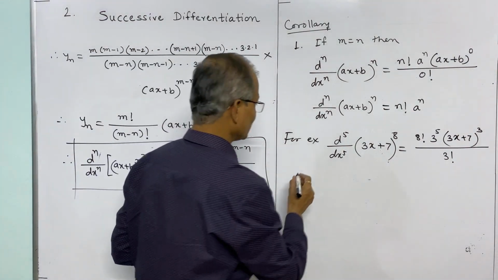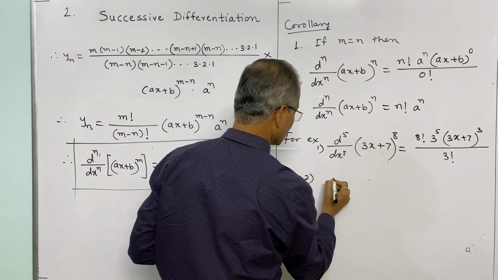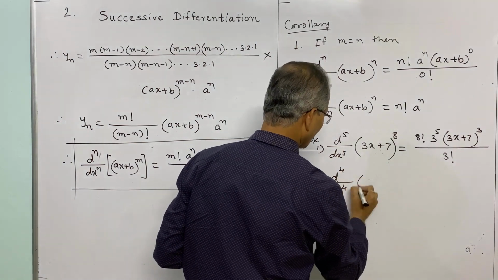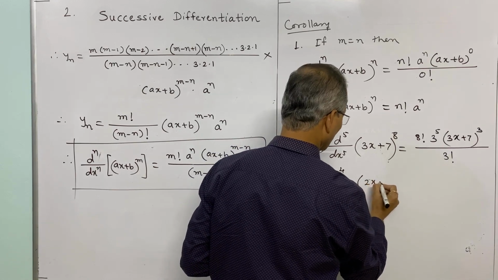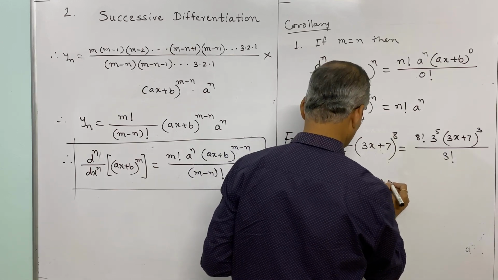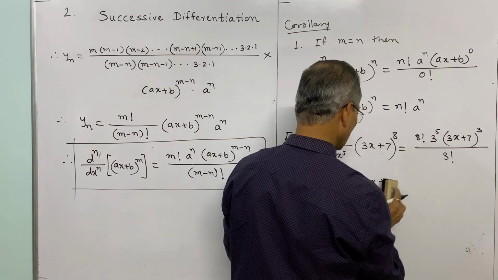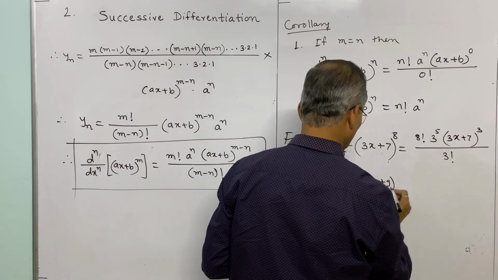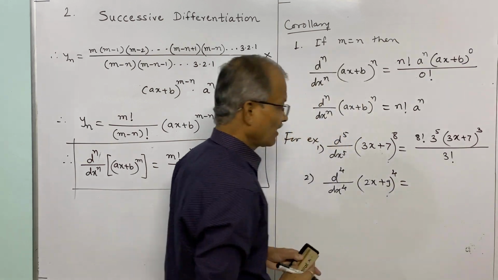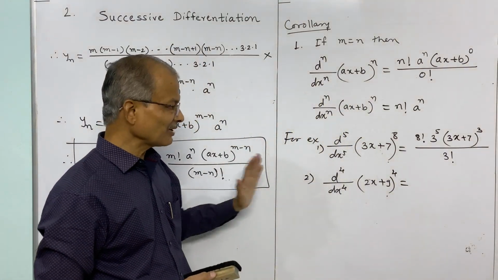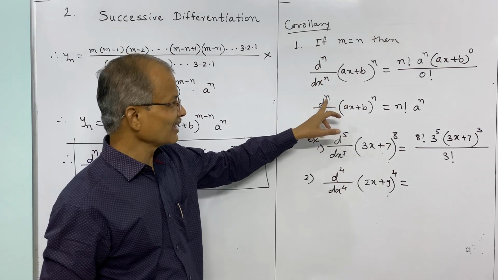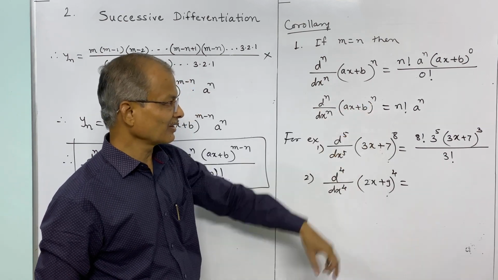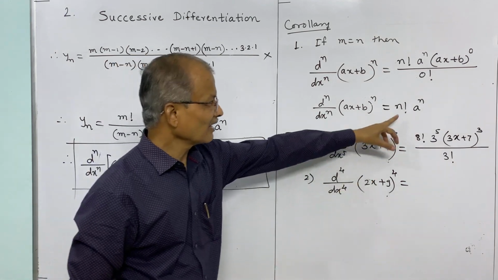And if I write, as a second example, the fourth derivative of 2x plus 6, or you may consider any other number, 9 raised to 4. Here we may use any one formula. Here both are equal, the power and the order of the derivative, and therefore it is directly n factorial.